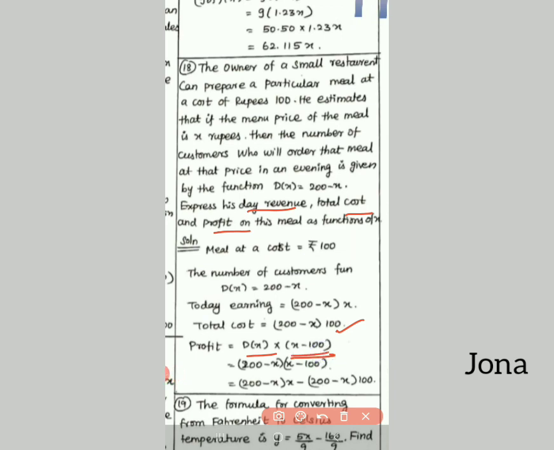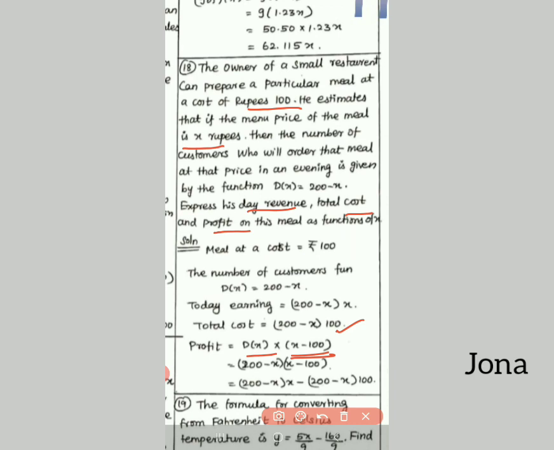Have you got this x minus 100? Here the cost of the meal is 100 rupees. The menu price of the meal is x rupees, isn't it?